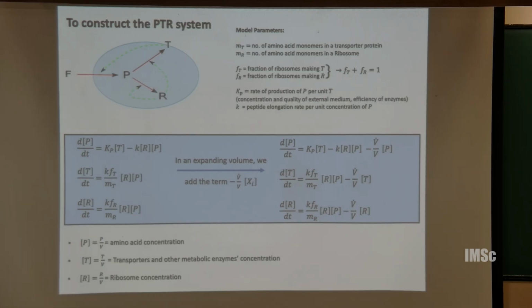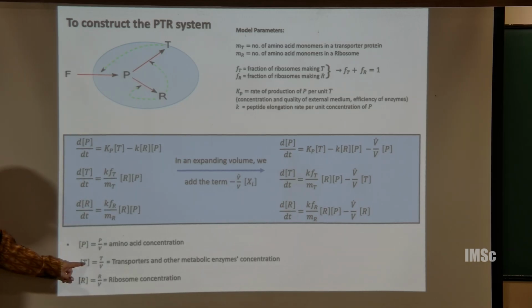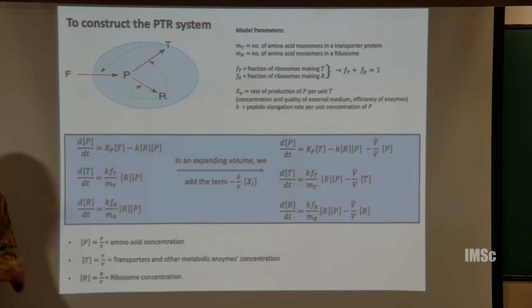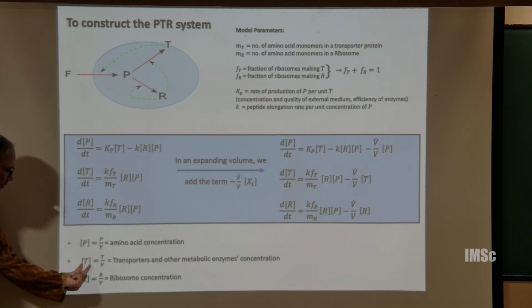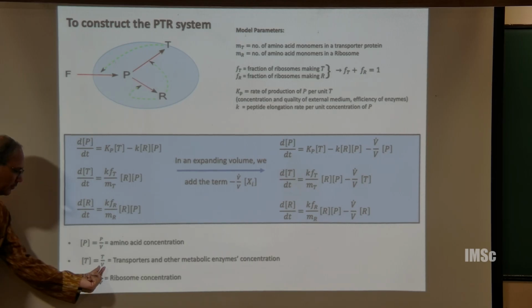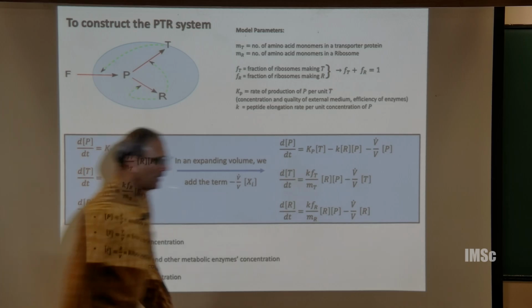So now, you can write down P or T, if you like. T is volume into the concentration of T, right? And therefore, if you want to write an equation for T dot, capital T dot, then it's concentration T dot, and you can also write down V dot. Okay, so you can write down that equation, and that is very simple.